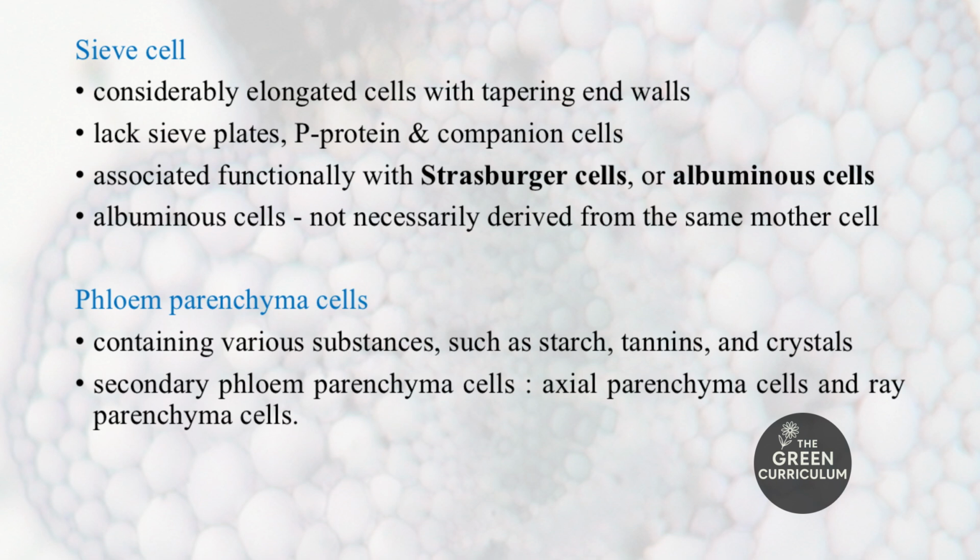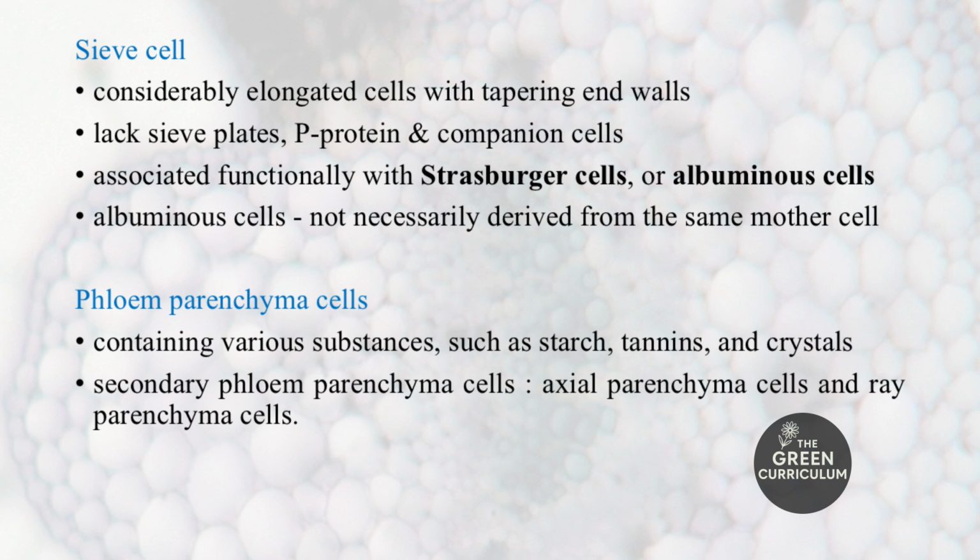And the third component in phloem is phloem parenchyma cells. In primary phloem parenchyma cells, the main function is storage. They store various substances such as starch, tannin, and crystals. Secondary phloem parenchyma cells are of two types: axial parenchyma cells and ray parenchyma cells.